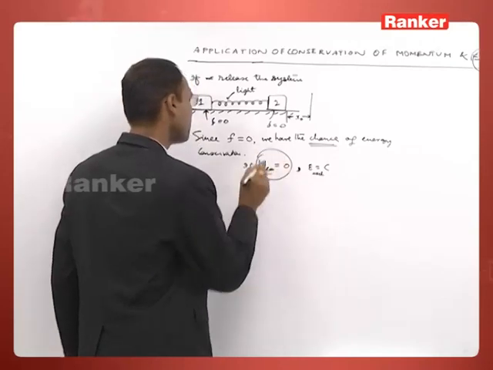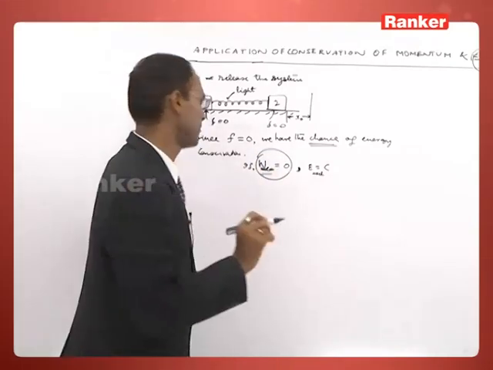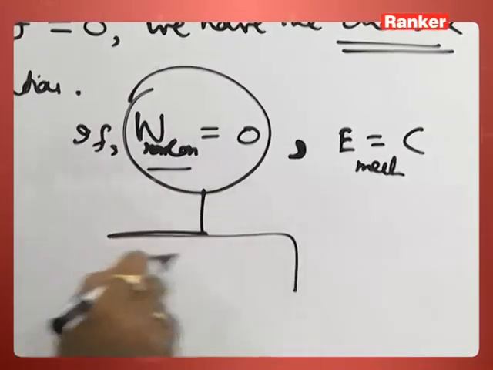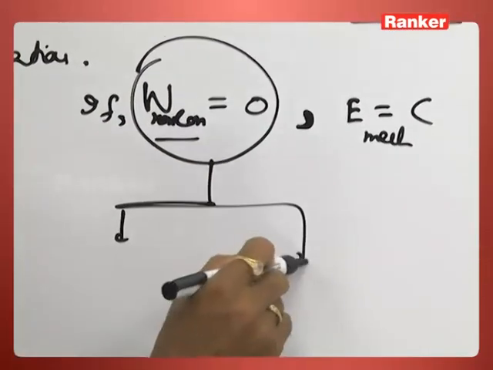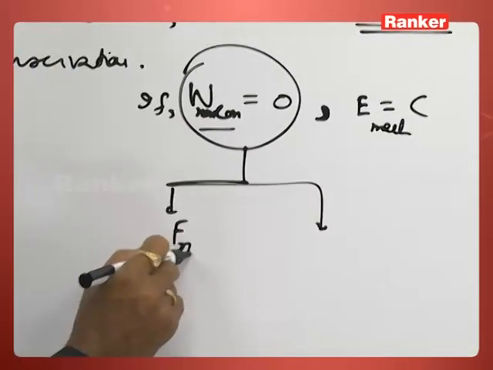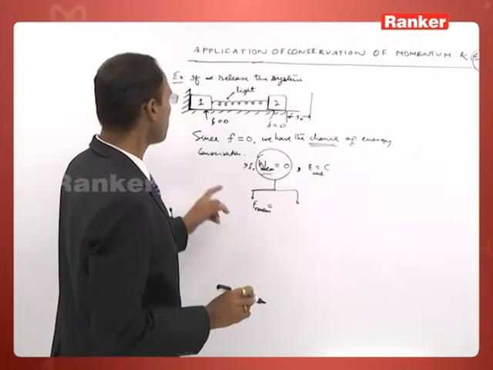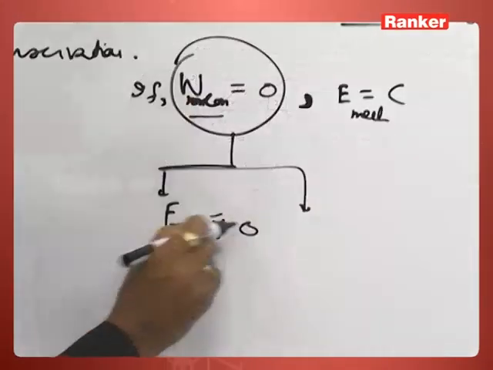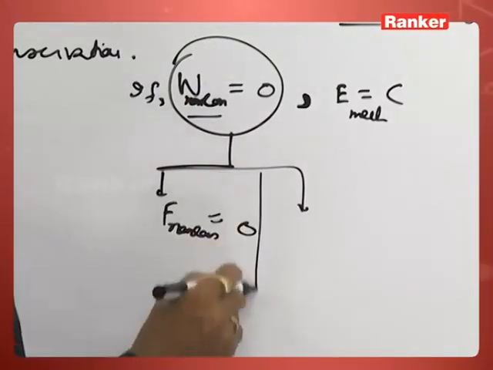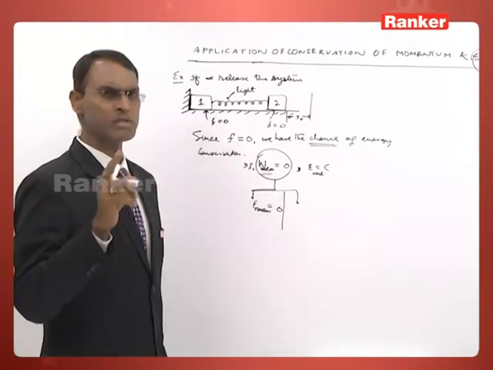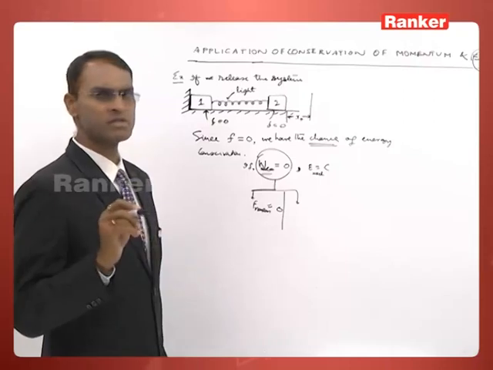Work done by the non-conservative force will be 0 only when either non-conservative forces as a whole are equal to 0 acting on the system, or even though the non-conservative forces act, they must not do any work.